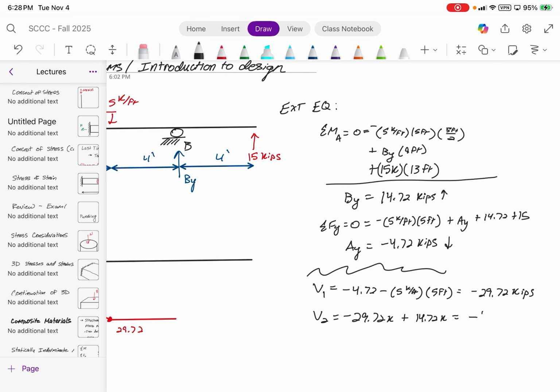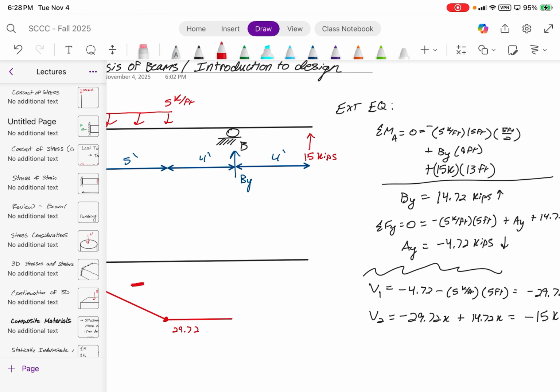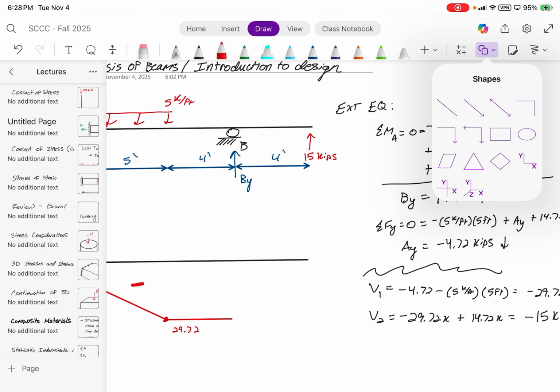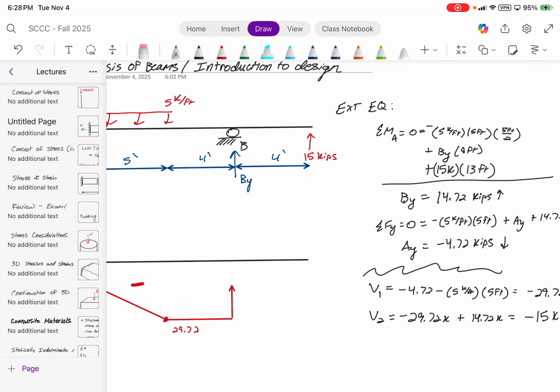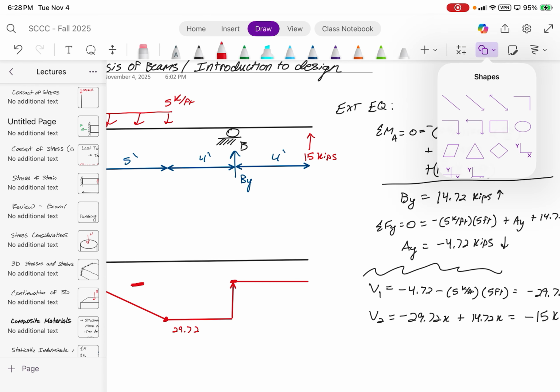Which gives us negative 15 kips exactly. So we pull this up. That brings us over to here, roughly speaking. And then there's no force applied until the point load at the end.